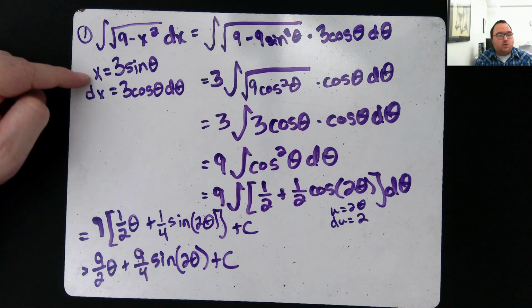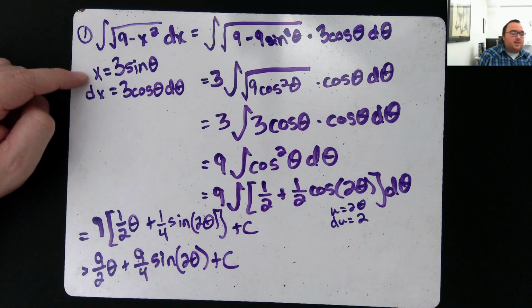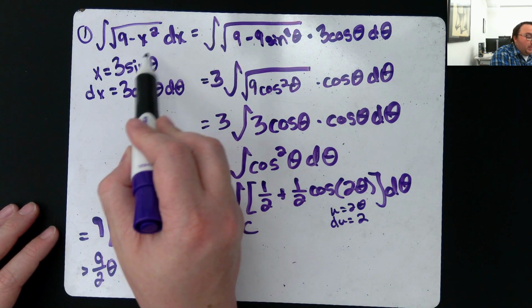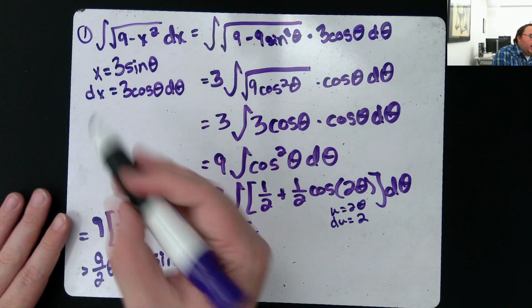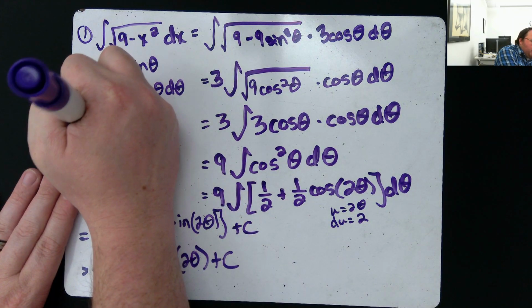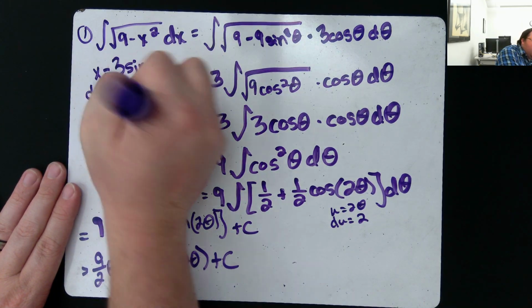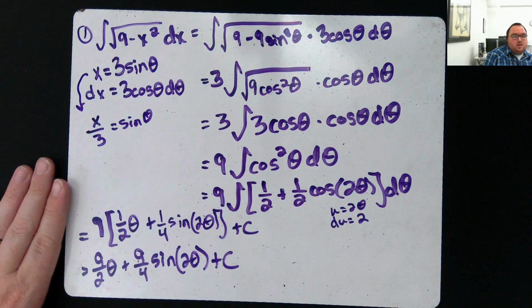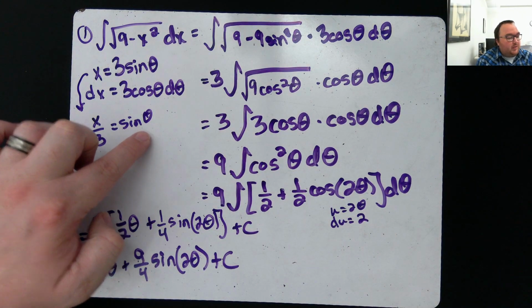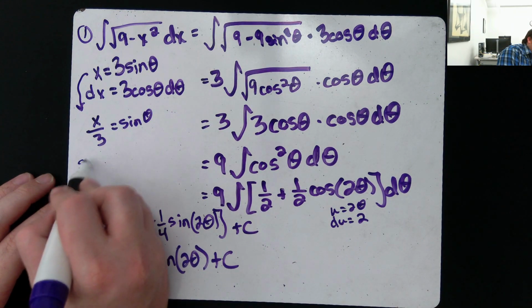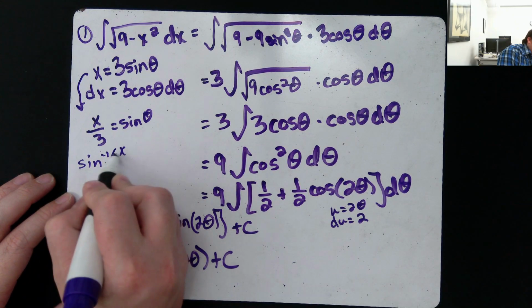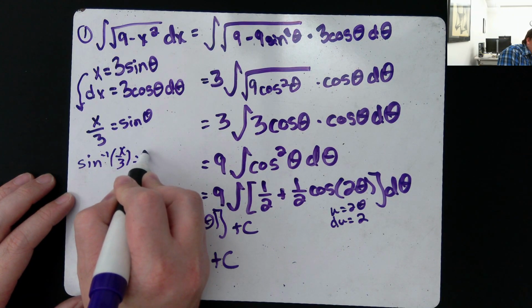Well, if x is equal to 3 sine theta, I could solve this for theta by dividing by 3. So x over 3 equals sine theta. Again, I'm using this guy. And so to get the theta, this would have to mean that inverse sine of x over 3 is equal to theta.